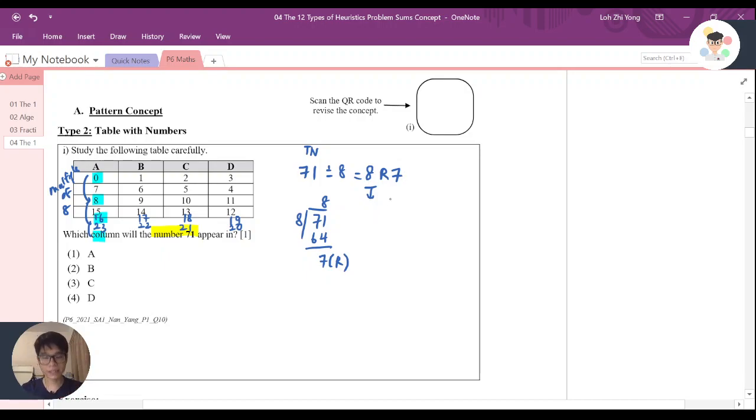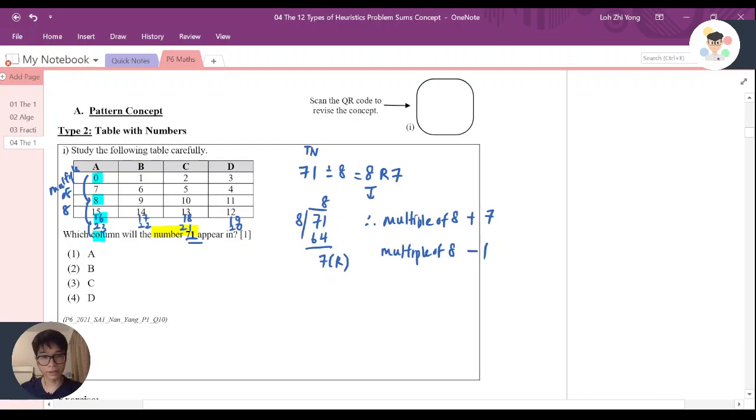Which tells me two things. 71 is actually a multiple of 8 plus 7, or it's actually a multiple of 8 minus 1. What do I mean by plus 7?